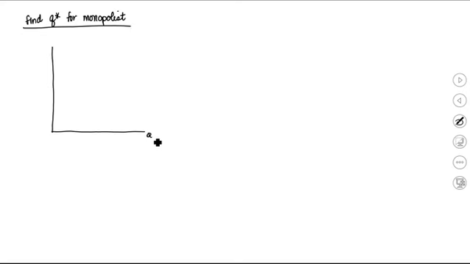So let's have a monopolist. Let's find Q star for a monopolist. Let's find their optimal output level. So we've got to put in our downward sloping demand curve and our marginal revenue curve.